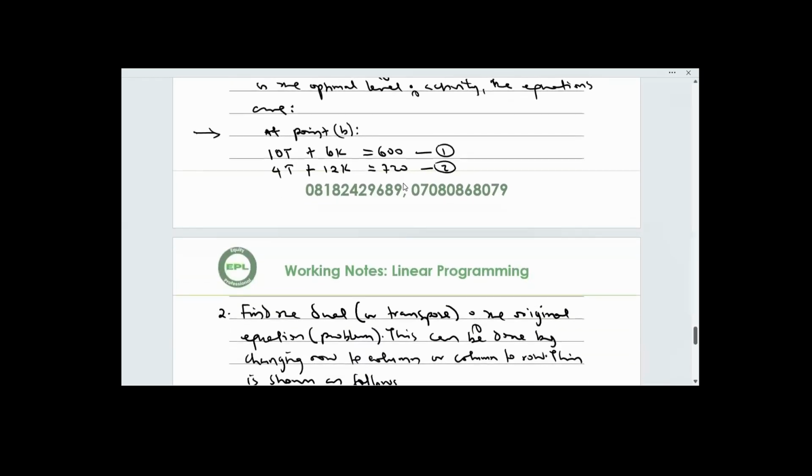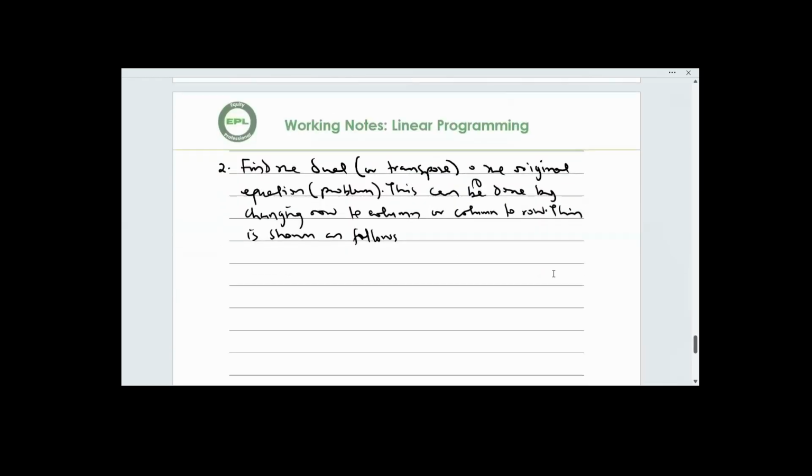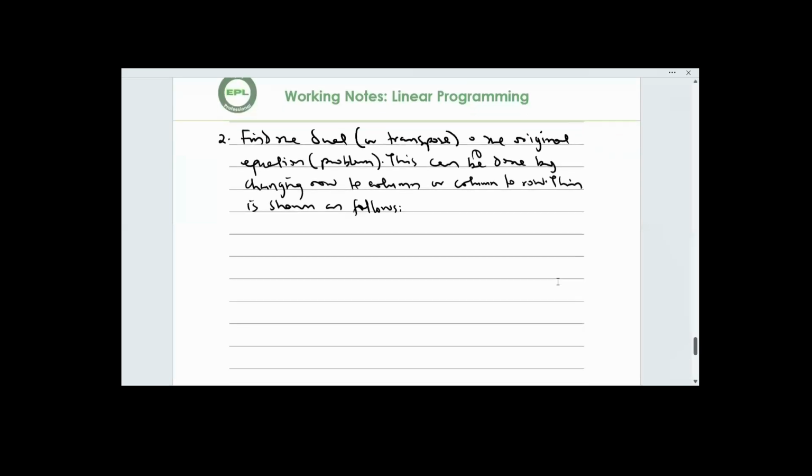All right. So we want to find the dual of the original problem. What is the original problem? The original problem is 10t plus 6k equal to 600. We also have 4t plus 12k equal to 720.